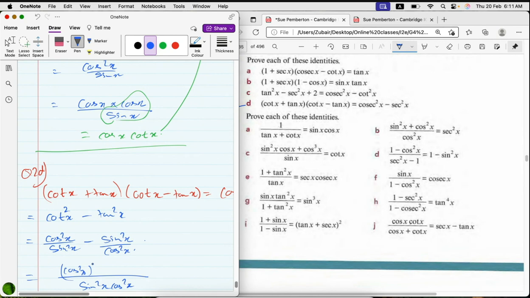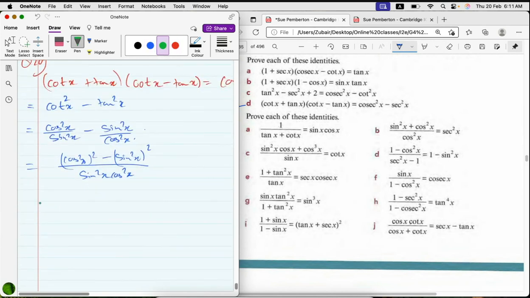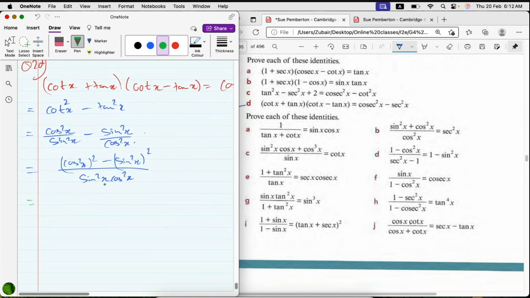I got cosec, cosec squared x minus sec 2x. You've already done it? You already got the answer. Yeah. I still can't get it because it's through just the identity. And then from then on, it's just simplification. That's nice. And I think I still don't know if I'm going in the right direction.